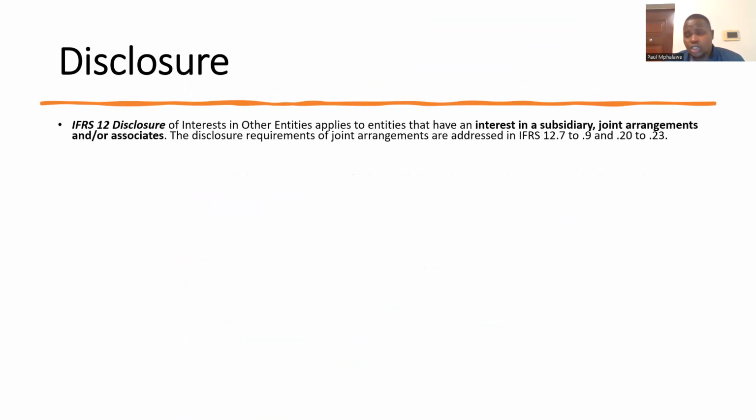IFRS 12 disclosures. The disclosures for interests in other entities are prescribed in IFRS 12, where the entity has to disclose the interest in a subsidiary, joint arrangement, or an associate. So the disclosure requirements of the joint arrangements are addressed in IFRS 12.7.